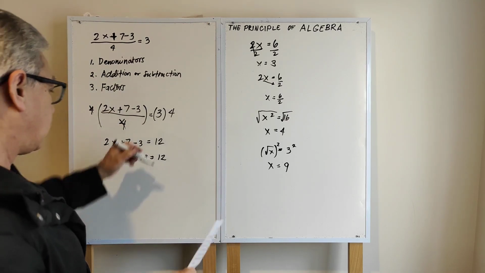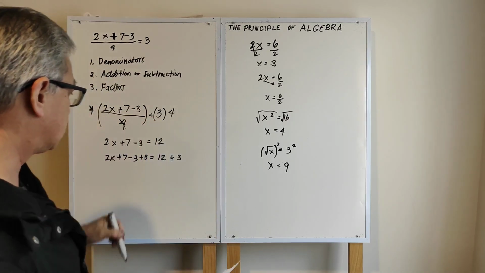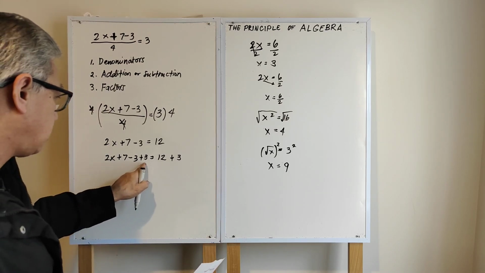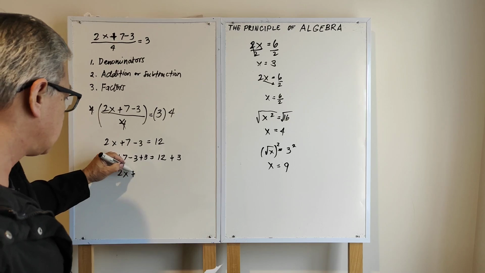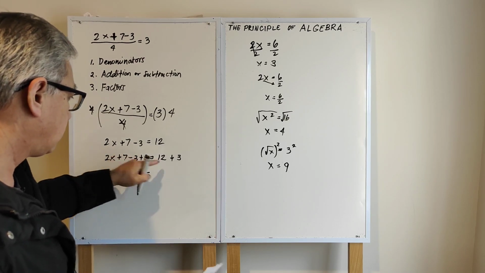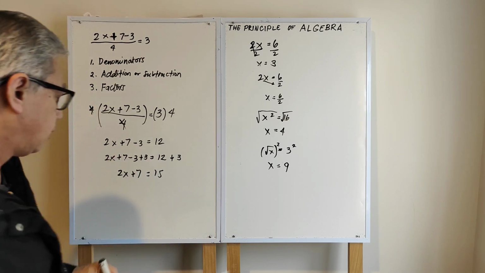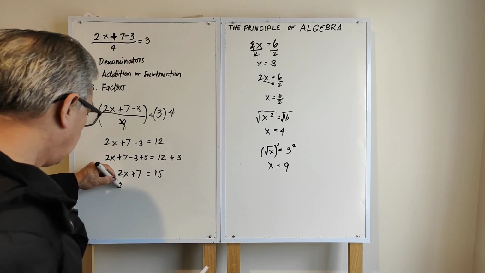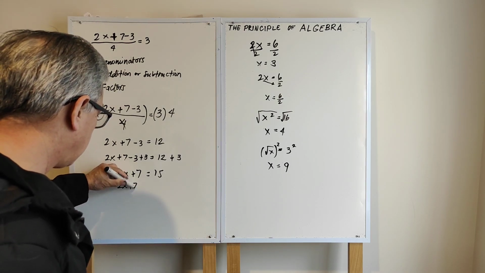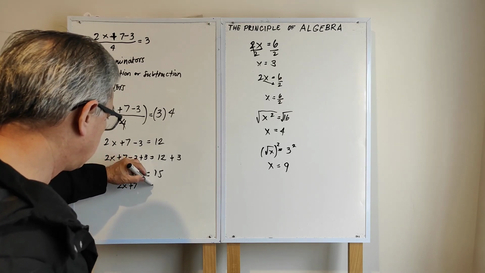So, if you add 3 on the left side, you have to add 3 on the right side. This would cancel out. Minus 3 plus 3 is 0. So, what is left will be 2x plus 7. 12 plus 3 is 15. To remove 7, this is plus 7. 2x plus 7 is equal to 15.